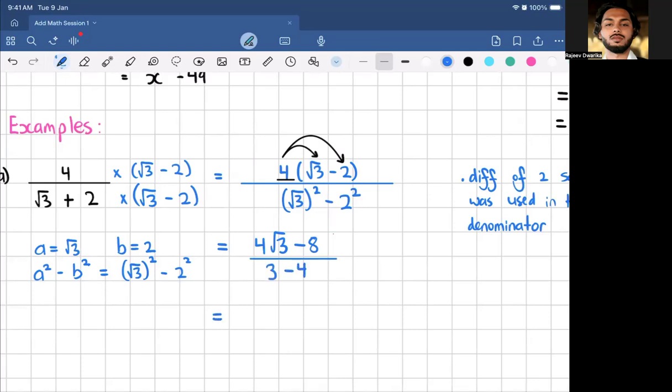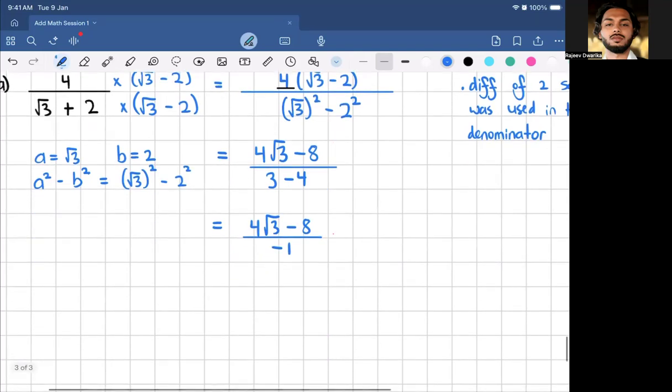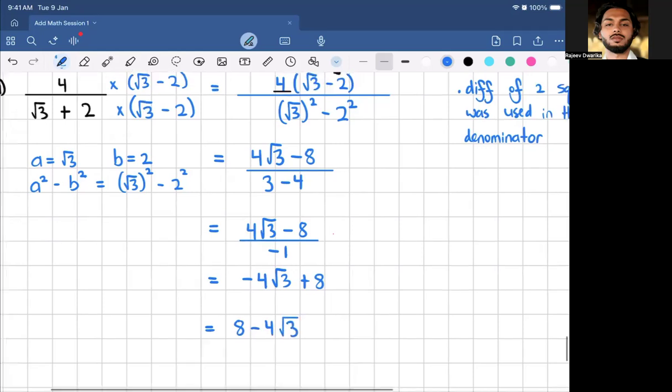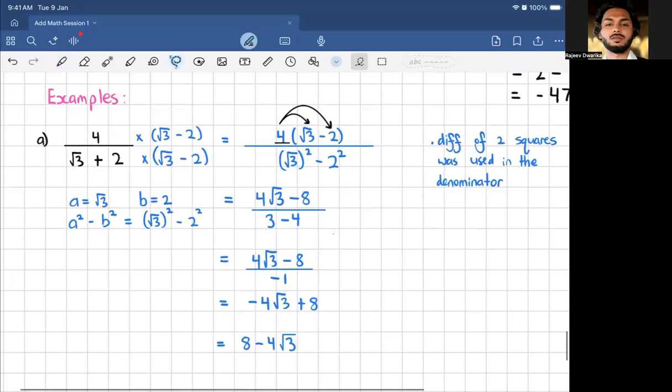That's going to be equal to 4 root 3 minus 8 all over minus 1. I feel like I'm going to lose some of you guys here. The final answer is going to be minus 4 root 3 plus 8, which I could then write as 8 minus 4 root 3. If I lose you, tell me now.